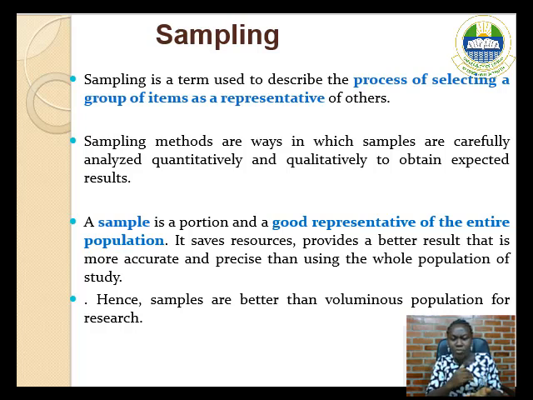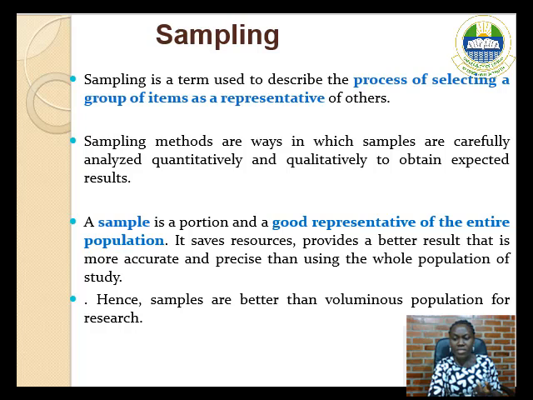Sampling size, procedure, and response are actually determinant factors of the sample's representativeness. A sample is a portion and a good representative of the entire population. It saves resources, it saves money in terms of time.